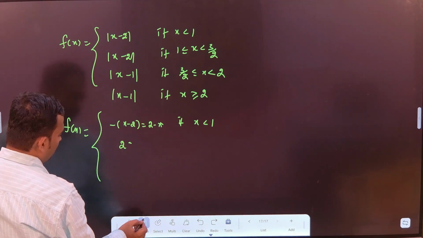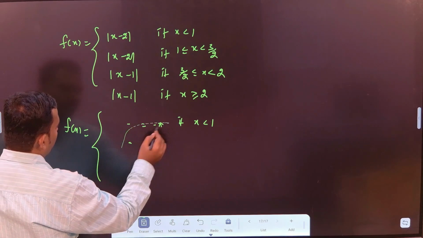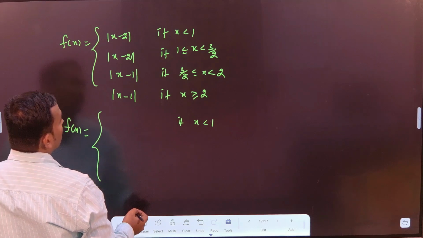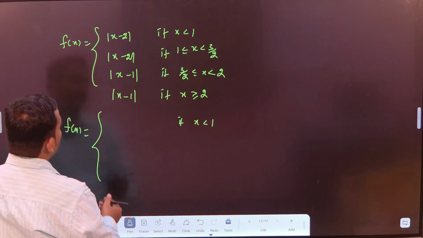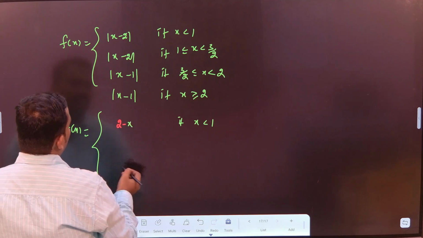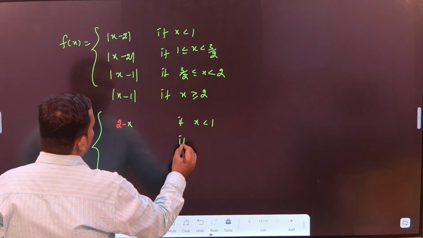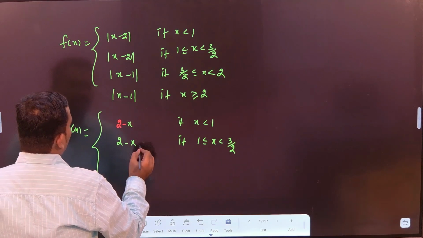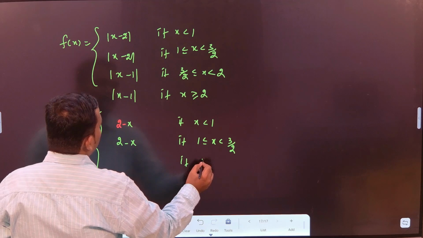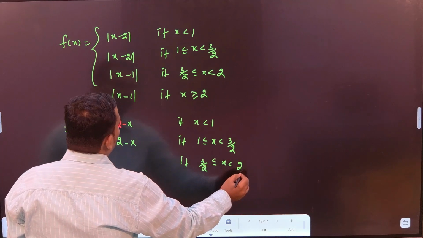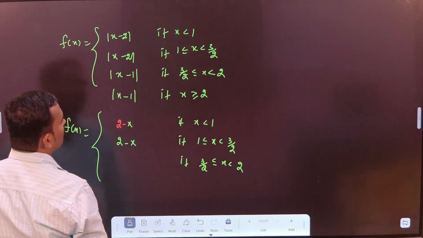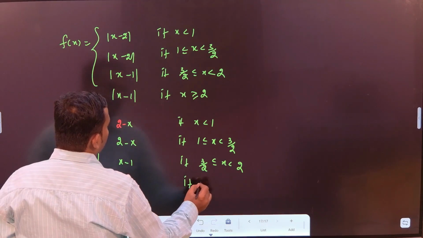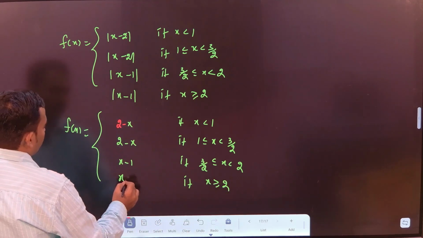If x is less than 1, mod x minus 2 is 2 minus x. If x is 1 to 3 by 2 also, 2 minus x. When x is 3 by 2 to 2, if you add minus 1, definitely it is positive, therefore x minus 1. So if x is greater than or equal to 2, this is x minus 1.